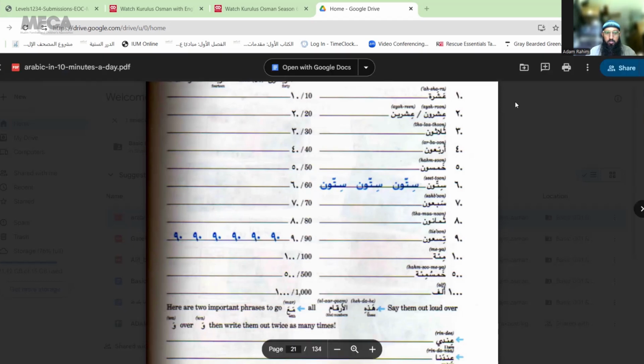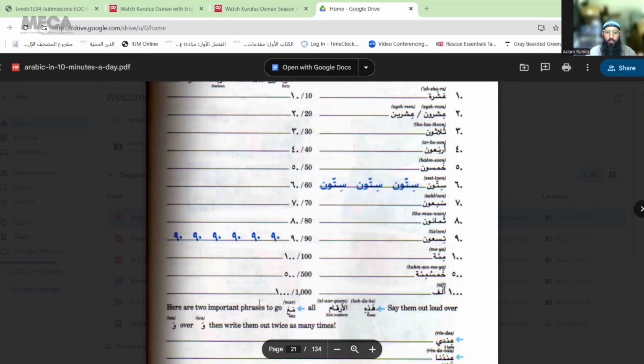Just give me 1 second. It looks like it froze. Can you guys hear me? Yes. Okay, it looks like the screen froze, not allowing me to open a whiteboard. Just give me 1 second, inshallah. SubhanAllah, for some reason it's not allowing me to open the whiteboard. Not sure why.